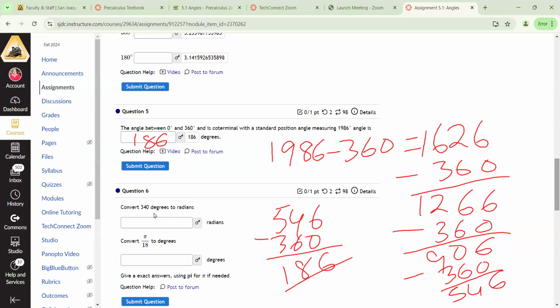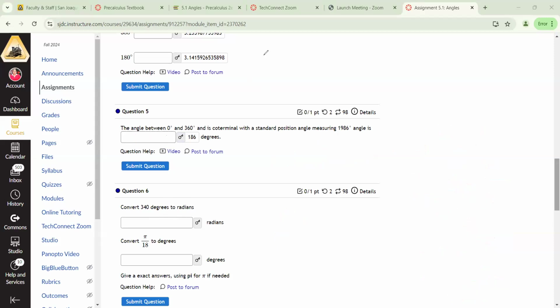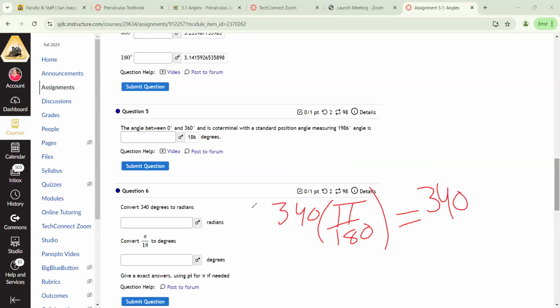Here in question 6, it says convert 340 degrees to radians. So for that, you will take 340, multiply with pi over 180, which is 340 pi over 180.